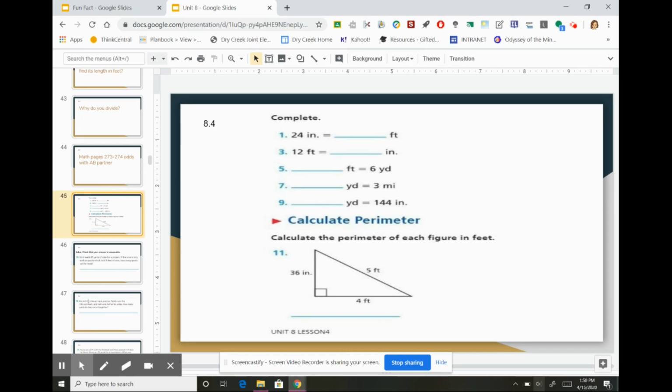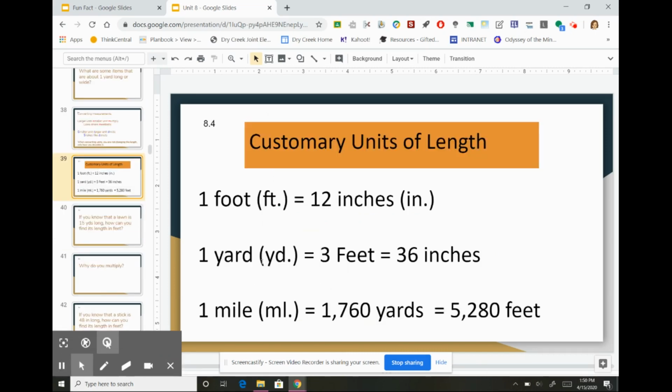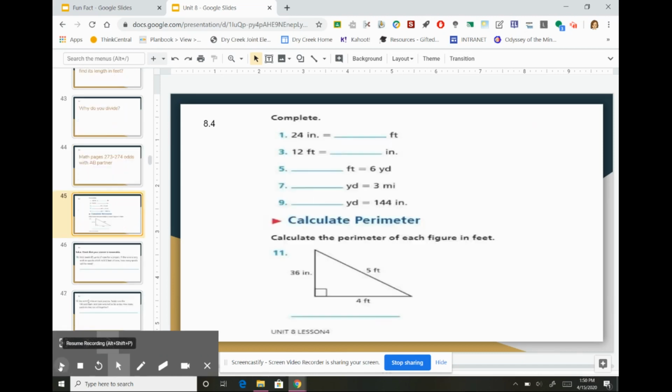And look back at your notes where we wrote down our conversions. You should have written down that 1 foot is 12 inches, 1 yard is 3 feet or 36 inches, and 1 mile is 1,760 yards or 5,280 feet. That's going to help you solve these problems.